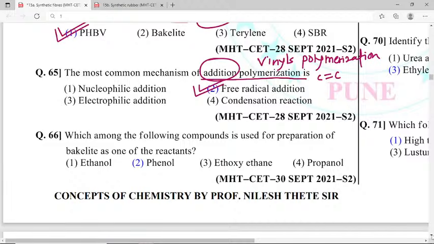For preparation of bakelite, phenol plus formaldehyde.